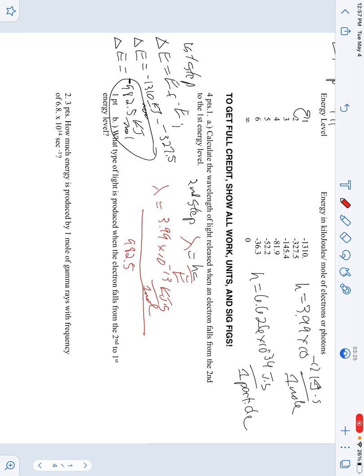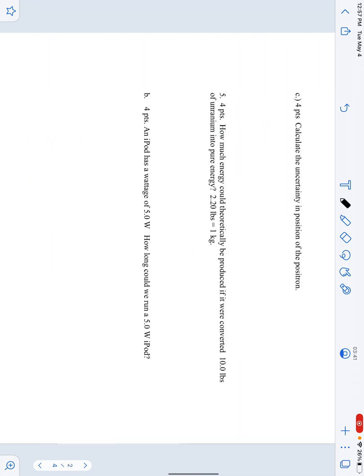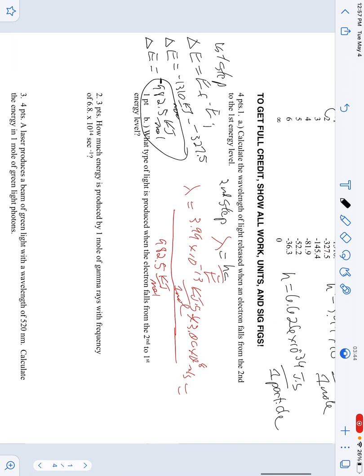Again, it's a positive number. And multiply by my speed of light on the top. And when I do that, I will get a wavelength of 1.2 times 10 to the negative 7th meters, because the unit on wavelength is always meters.